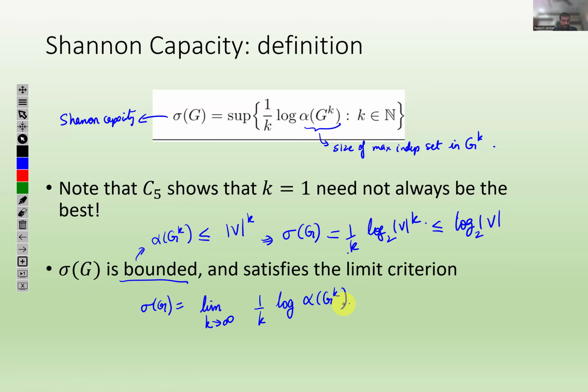So you can prove this just by the same superadditivity of alpha that we had seen before, right? So you can use that to get this sequence convergence. Let me not do that here for want of time.